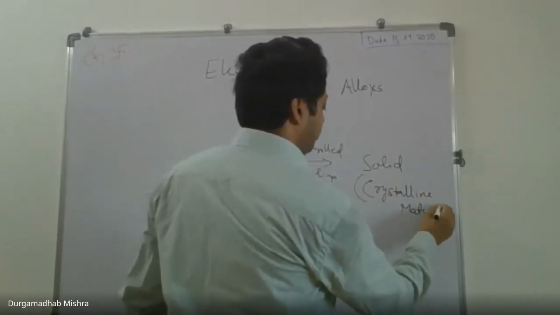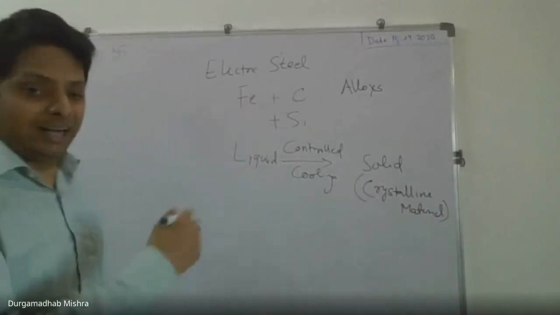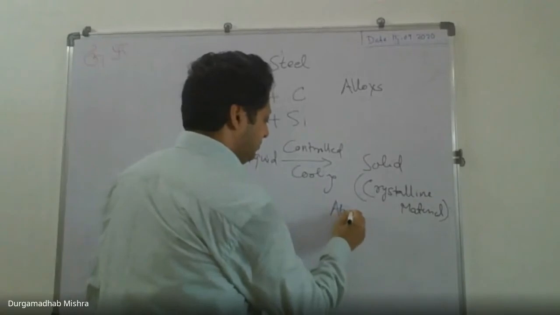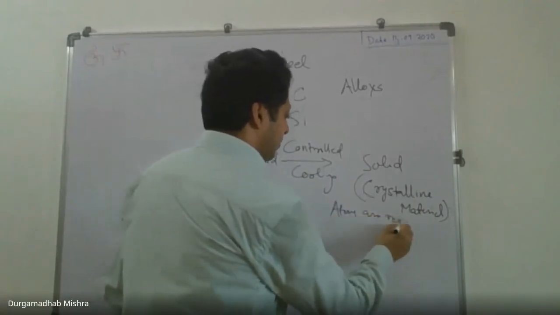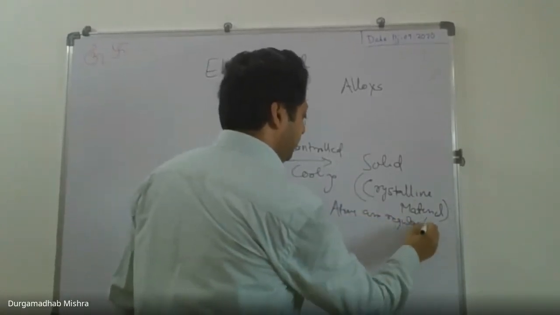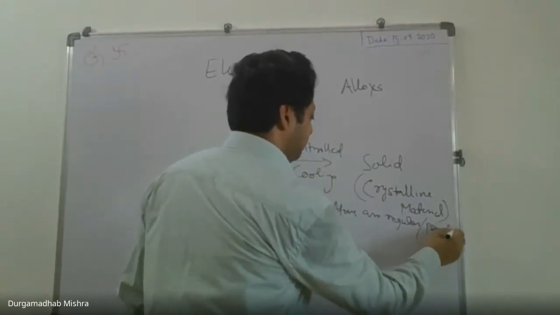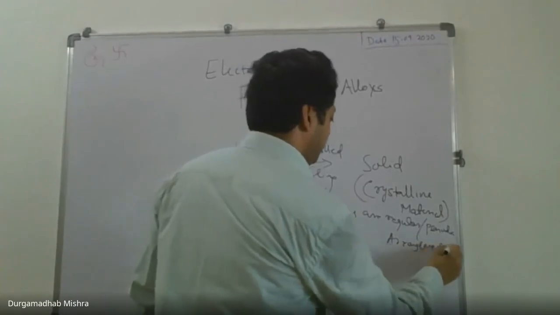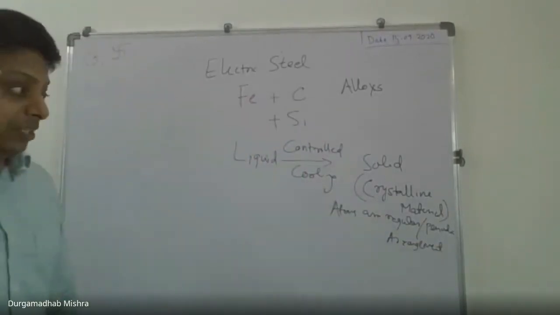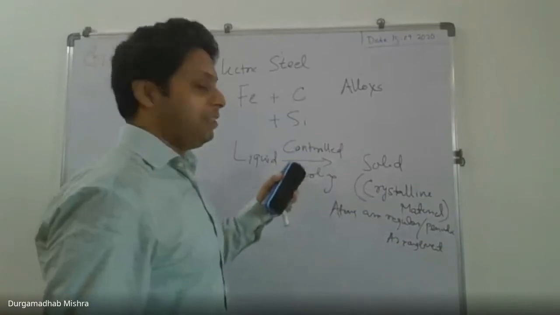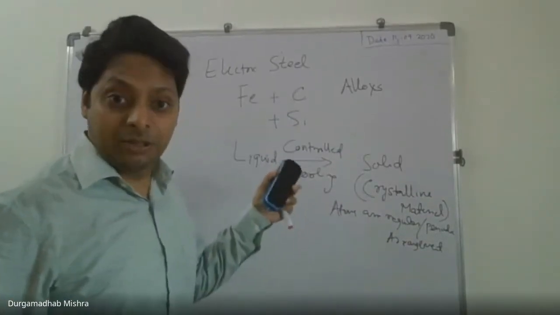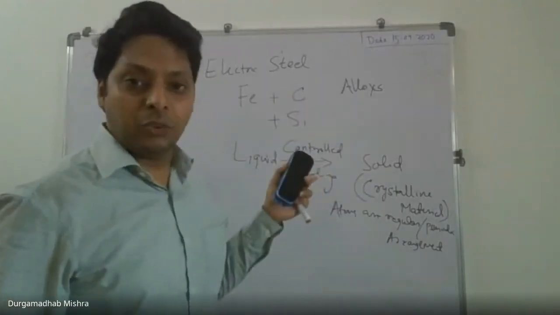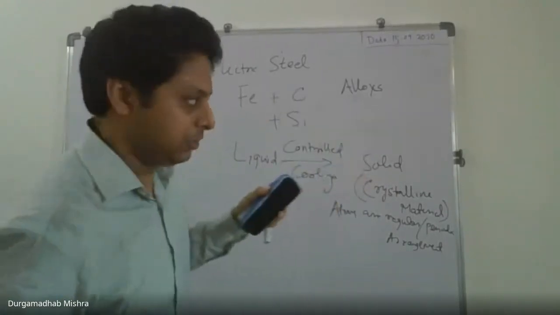This is mostly a crystalline material. Crystalline means it has a regular arrangement of atoms, a regular or periodic arrangement, and that gives rise to a crystal. In this crystallization process you can control most of the parameters which are going to affect your hysteresis.